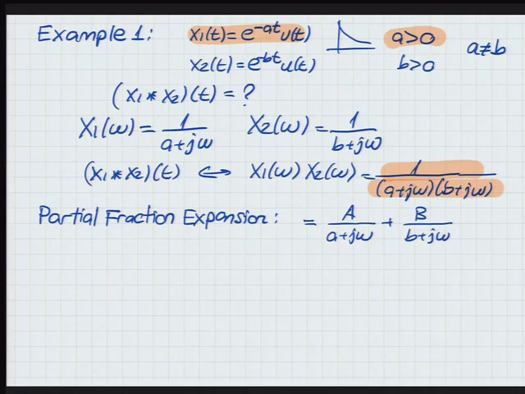So basically the question is, can I write this highlighted thing here in this form? Well, we can investigate whether that's possible or not. If I combine these terms, I can write this as A times (b plus j omega) plus B times (a plus j omega), right? That goes in the numerator.